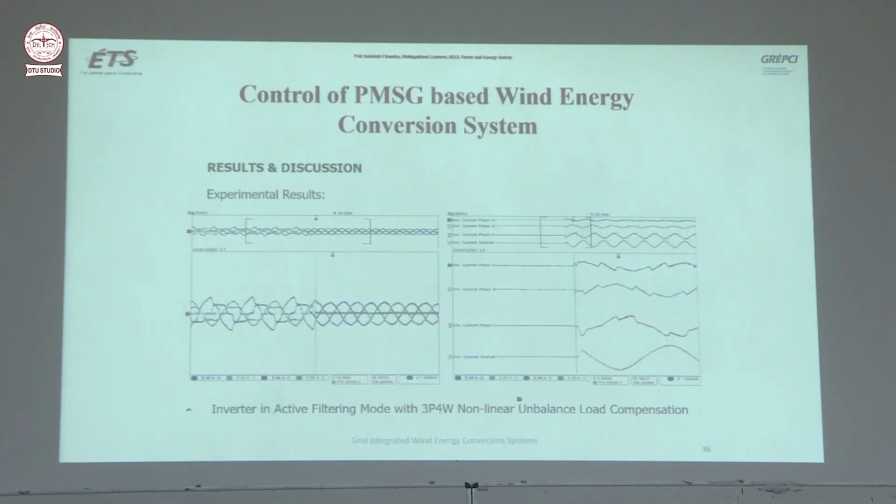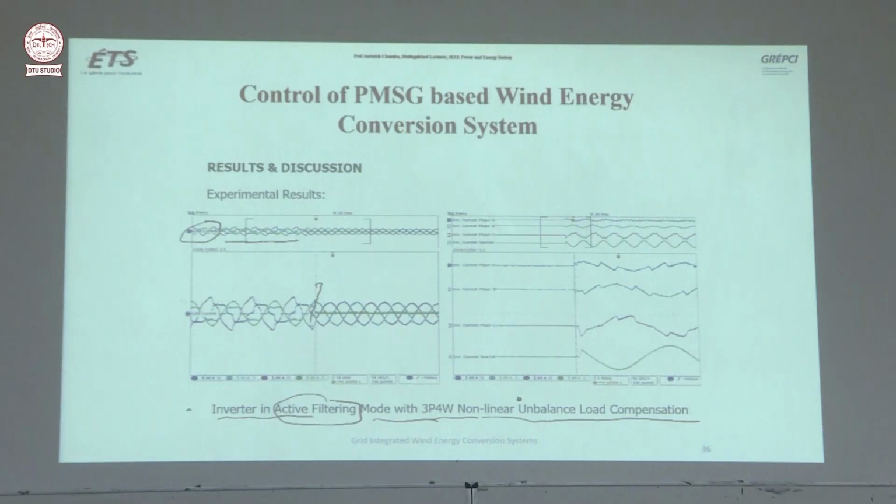So the student did the experimentation work also, and here you see the grid currents. These are highly nonlinear. It is just to show the active filtering mode of 3-phase 4-wire nonlinear unbalanced load compensation by the grid side converter.